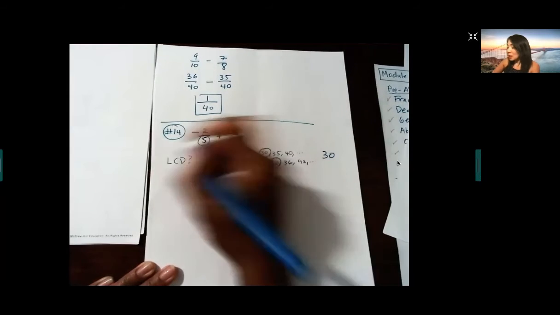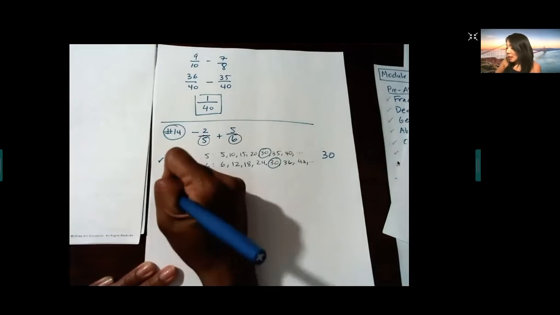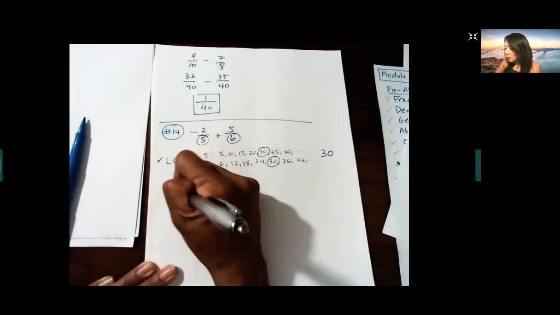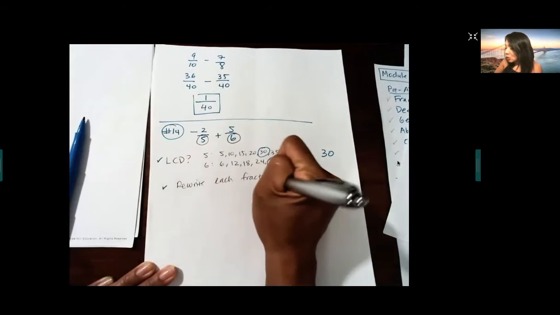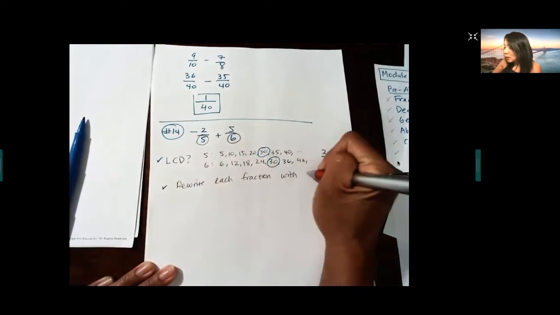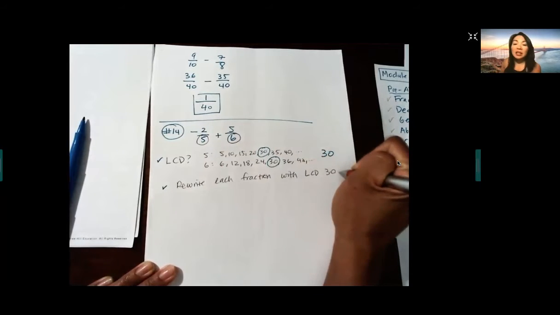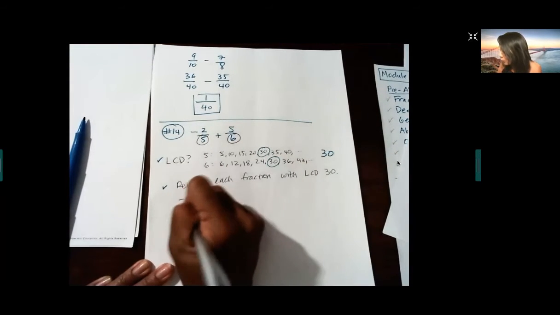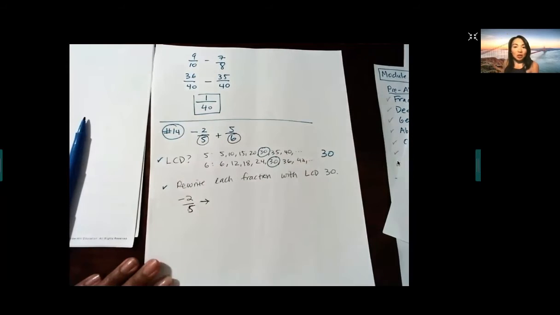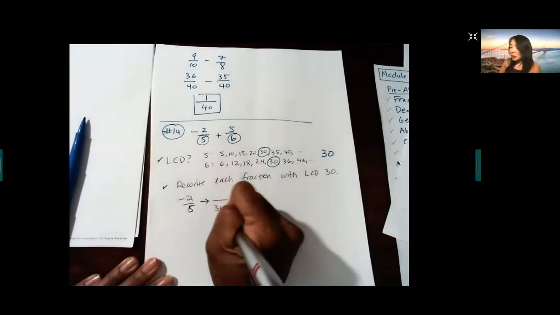Once you've figured out what the LCD is, now you are going to rewrite each fraction with the lowest common denominator, 30. So if I have -2/5, that's a 5. I'm going to change this to something with a 30 on the bottom.